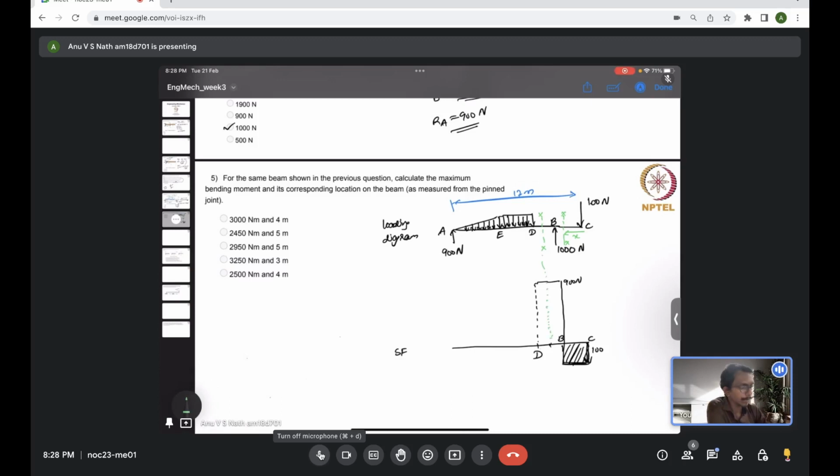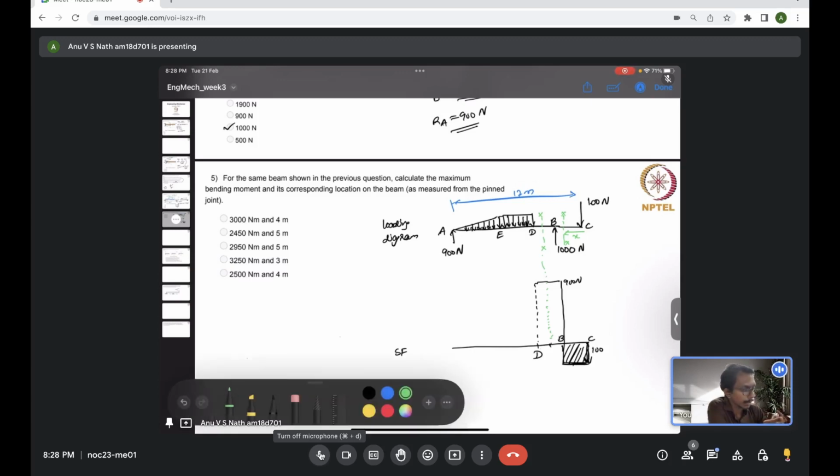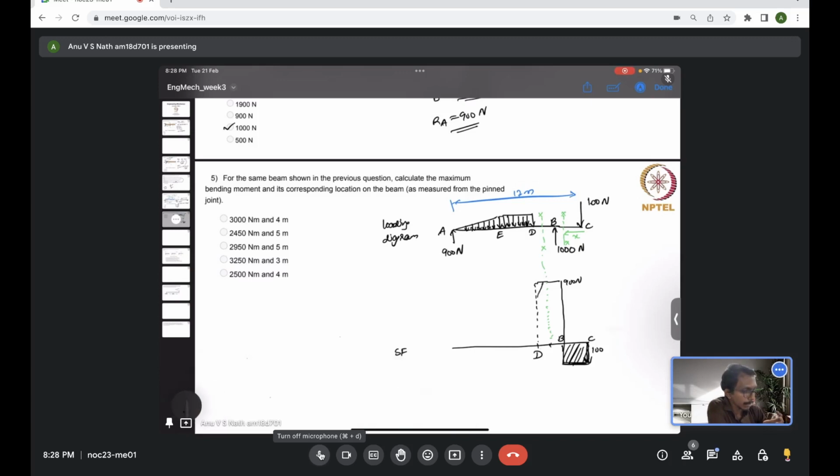You can think of the net force on the right hand side of that particular section. You have 1000 upward and 100 downward, so the result will be 900 upward. So a positive 900 Newton is acting, and that will be true for any point XX or any section XX between B and D. That's why I continue to have 900 Newton in this entire region DB.